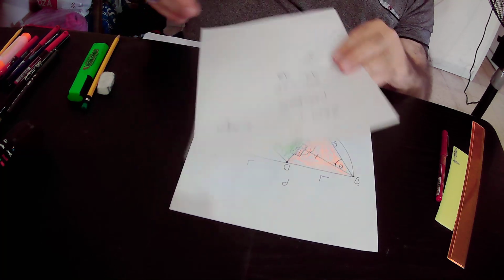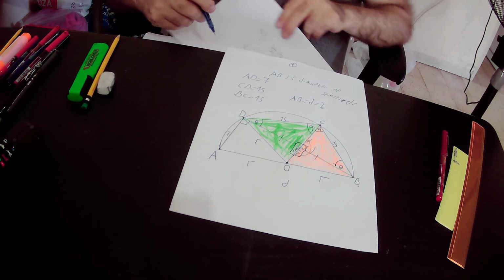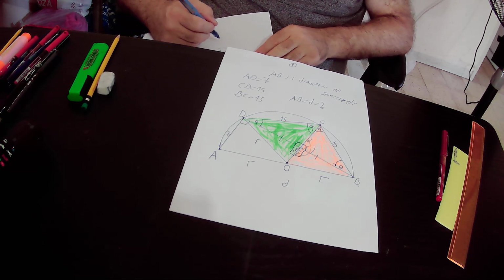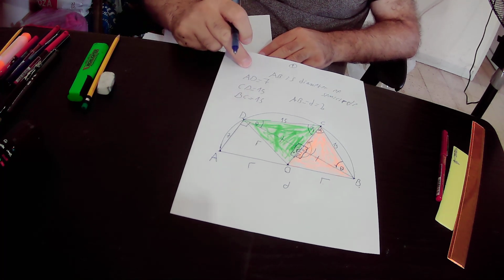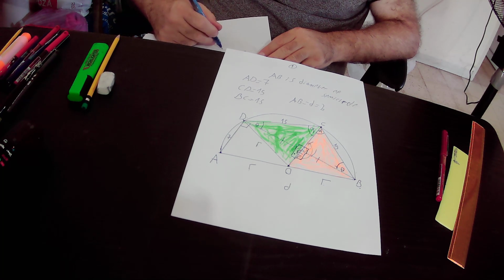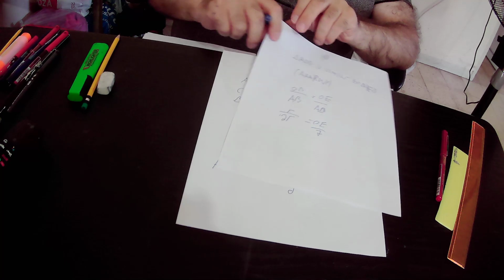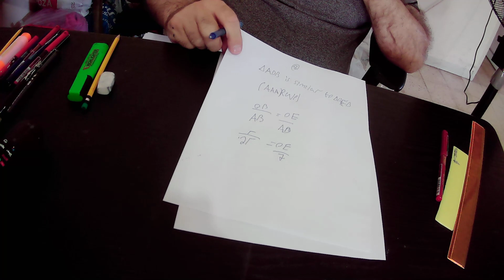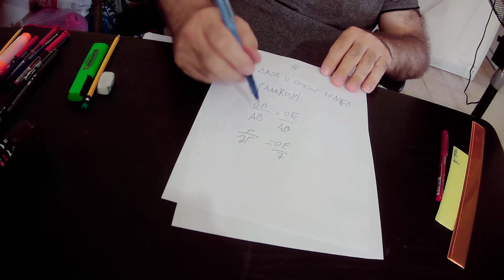And we also have it equals OE over AD. What is the value of AD? AD equals 7 units. So in total we get R over 2R equals OE over 7. R over R is 1, R is cancelled.